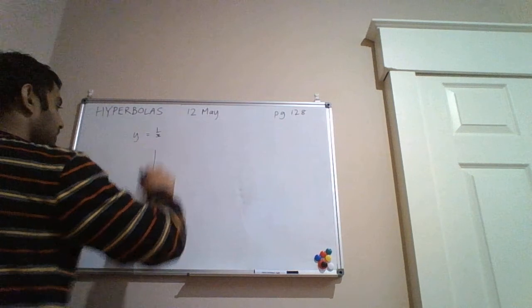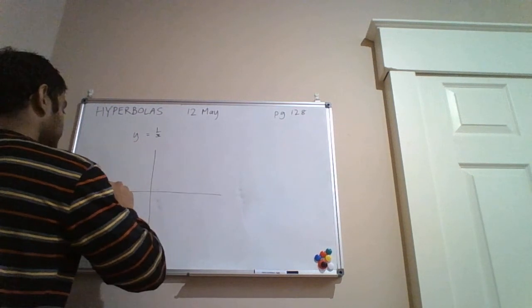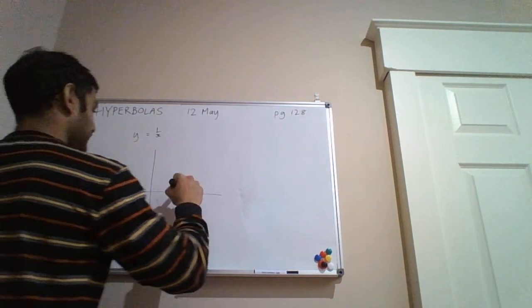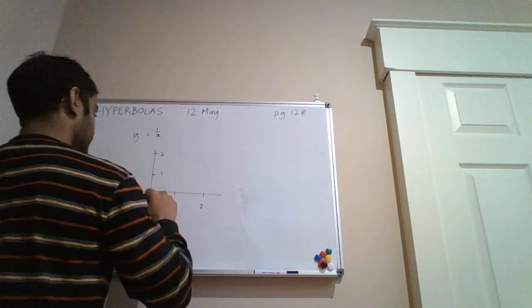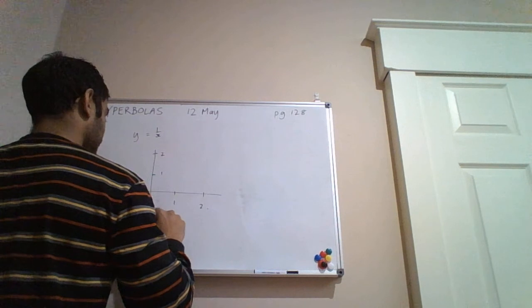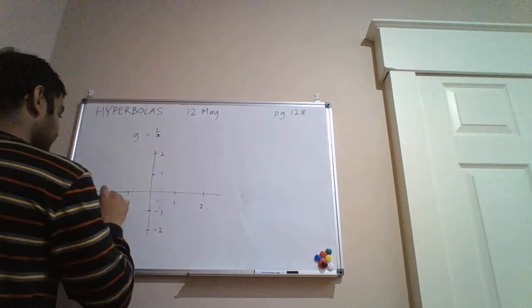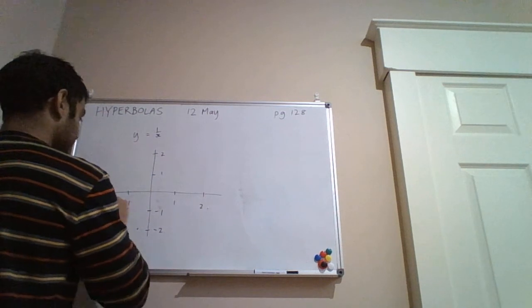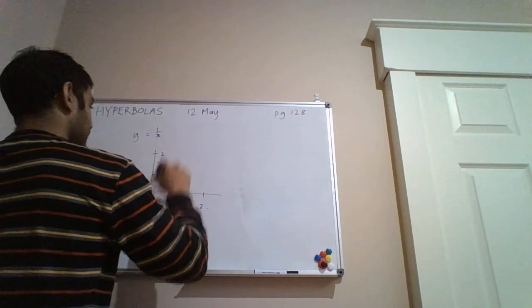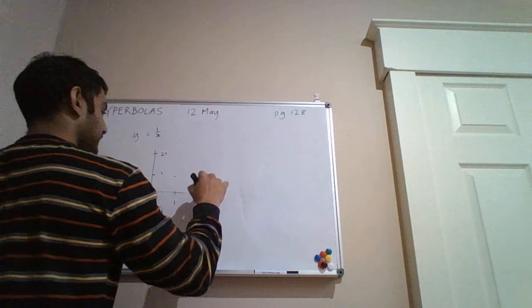Let me redraw it. Minus 2, minus 1, 1, 2, 1, 2, minus 2. So it's minus 2, half, minus 1, 1, minus a half, 2. Looks like this. Half, 2, 1, 1, 2, half.